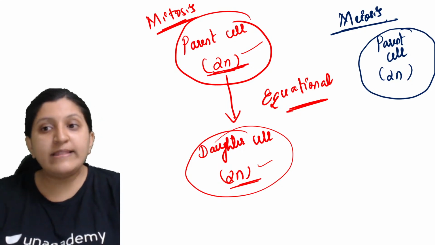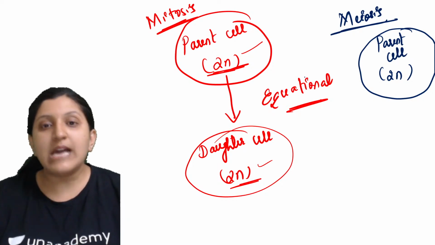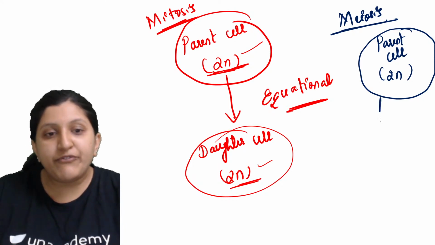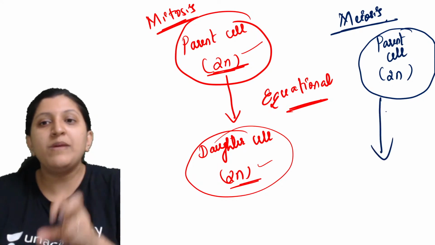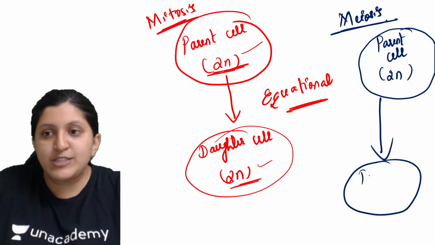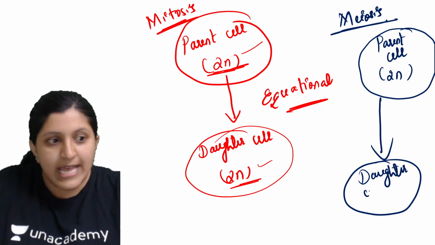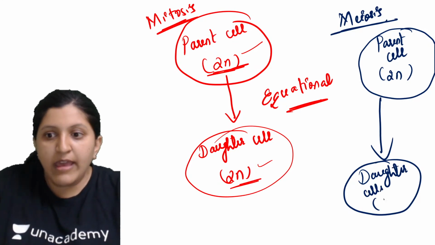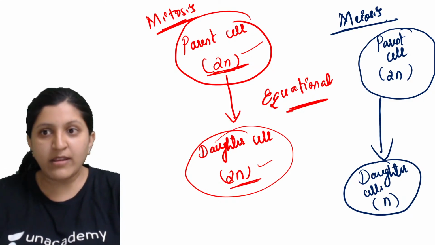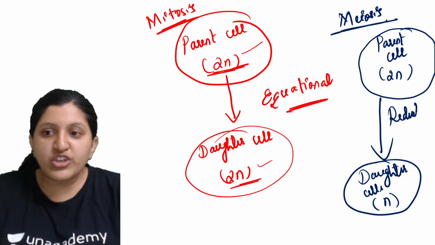Now we call this particular meiosis a reductional division because this occurs in 2 stages. So basically only 1 set of the chromosome will be there in the gametes. So the daughter cells which are produced will have the haploid set, that is only 1 set of chromosome. So this one is a reductional division.